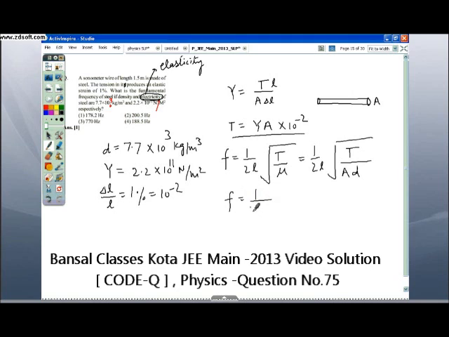So F is equal to 1 by 2L, L is 1.5 meter, into under root T by A. From this expression, the value of T by A is Y into 10 to the power minus 2.